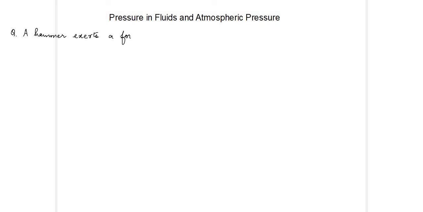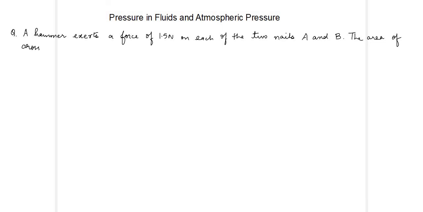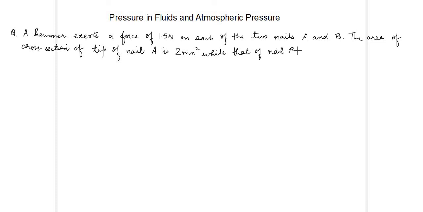A hammer exerts a force of 1.5 Newton on each of the two nails A and B. The area of cross section of tip of nail A is 2 millimeter square, while that of nail B is 6 millimeter square.